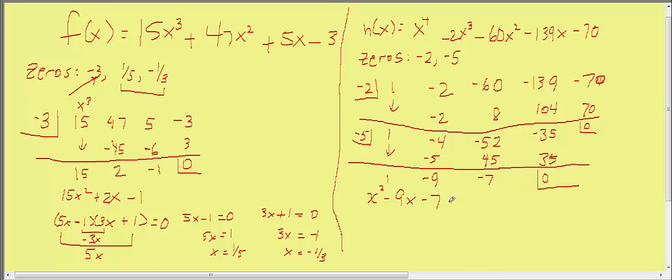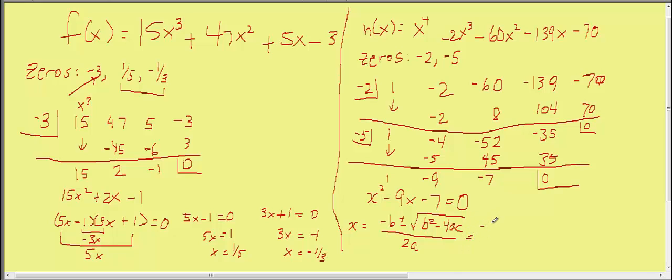Now, to find these last two, we can't factor this, unfortunately, so we have to use the quadratic formula. Some people do prefer completing the square. I personally don't, but I'm just going to use the quadratic formula.